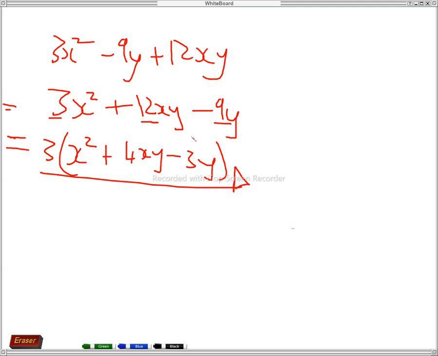Let's look at the factors of 3. 3 is 3 multiplied by 1. 3 multiplied by 1 gives me 3, but I want a negative 3.